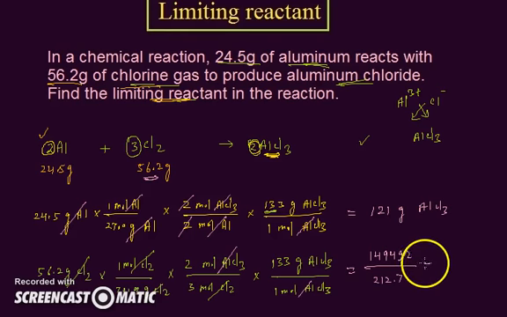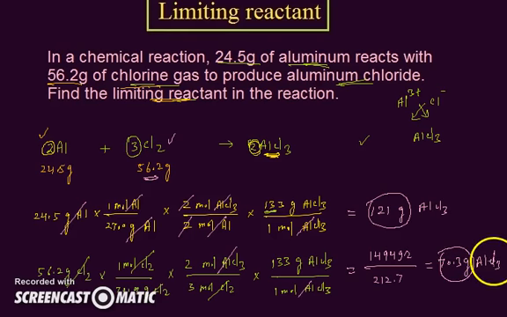Here we have 70.3. This is the mass of aluminum chloride produced by the mass of chlorine gas. Now we can compare the mass of aluminum chloride produced by both reactants. Here we have 121 gram and here we have 70.3 gram aluminum chloride.